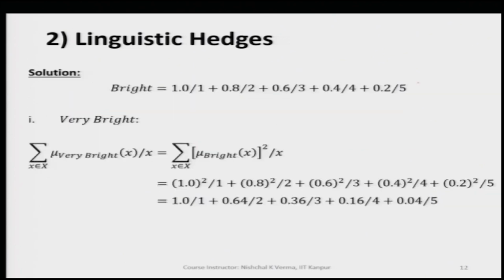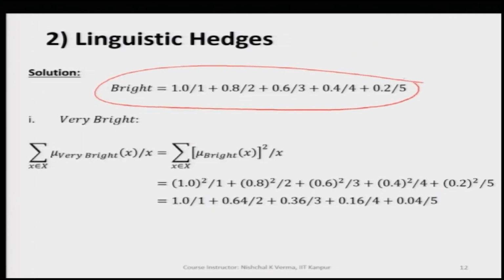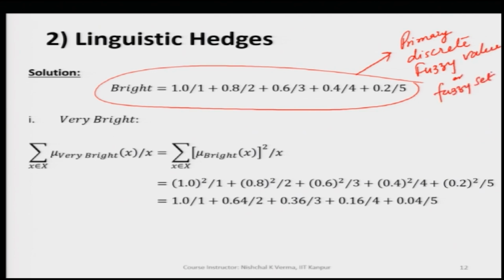Since we have been given the primary discrete fuzzy value or fuzzy set, all these names can be used interchangeably. So, a bright fuzzy set has been given.